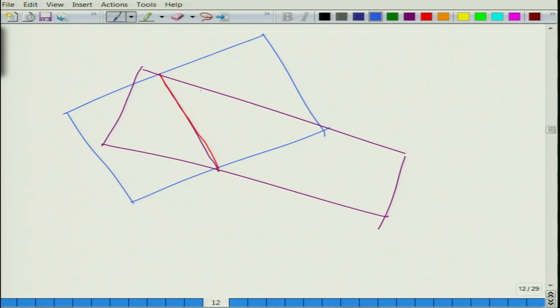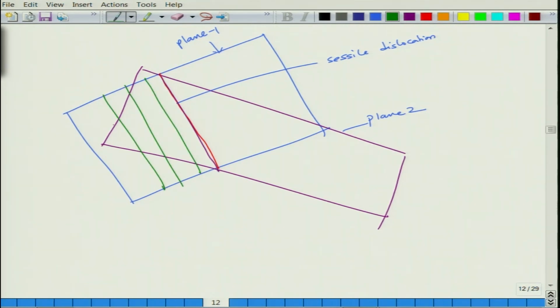So, on both sides of this intersection, this is sessile dislocation, this is plane 1, this is plane 2, and the dislocations in both of these planes, in this plane and the dislocation in this plane, they all get piled up.